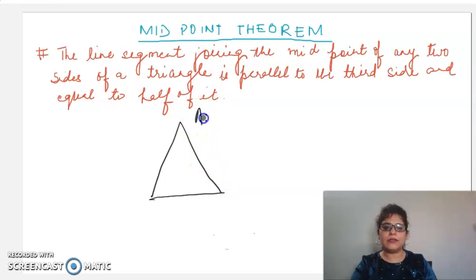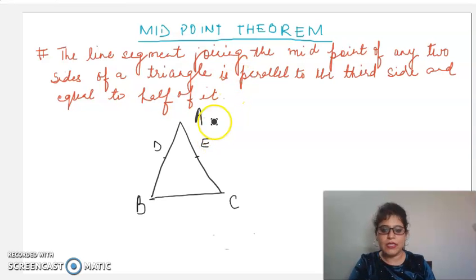So this is A, B and C. Midpoints of two sides: suppose we are taking sides AB and AC, and D and E are their midpoints respectively. So the line segment joining them means let us join this. So DE is the line segment joining the midpoints.